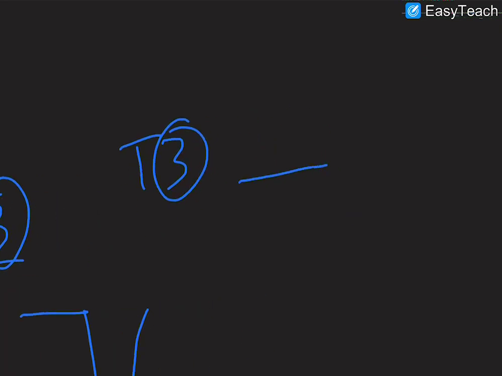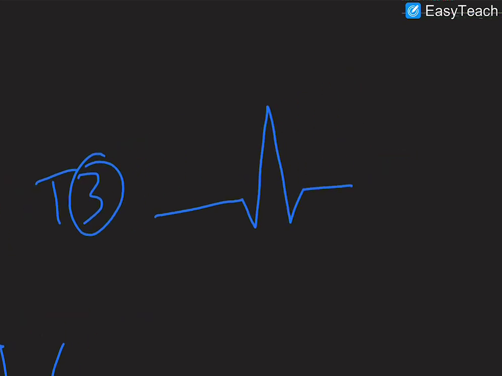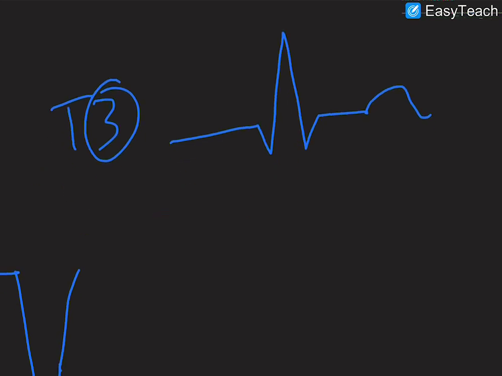So remember, you have your QRS complex, and then normally you have a T wave like that. And of course we didn't draw the P wave here, but normally you have a P wave, which indicates atrial depolarization. And then your QRS is when your ventricles contract, and your T wave is ventricular repolarization.